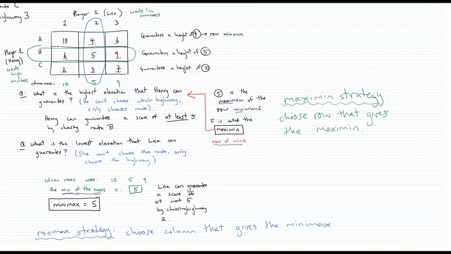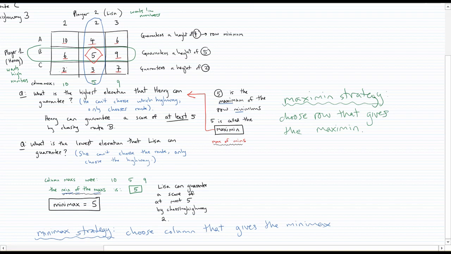Okay. So in this example, both players actually achieve their Maximin and Minimax value by playing their Maximin and Minimax strategies, right? Because these two selections actually intersect at that value of 5, which is exactly the worst case scenario for both players in that row and that column.